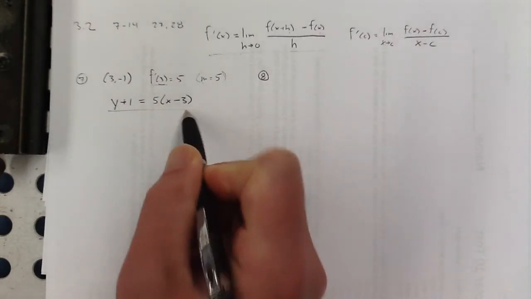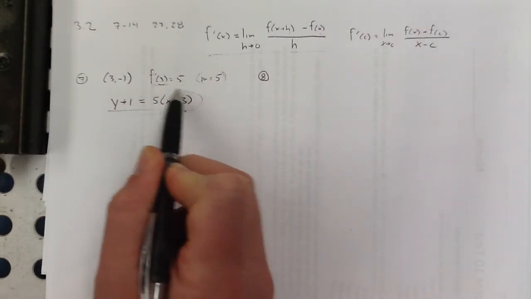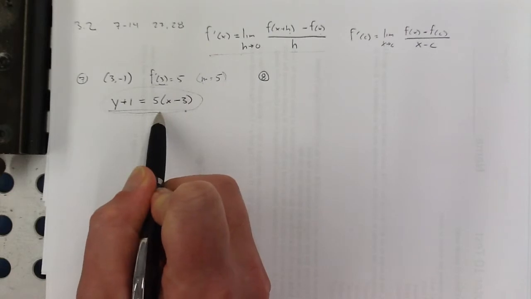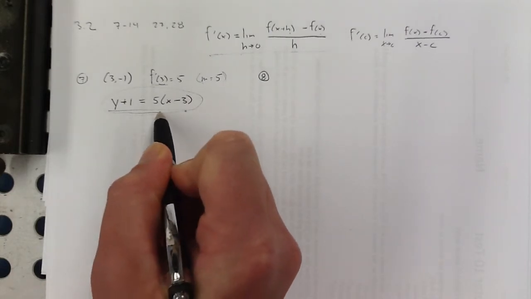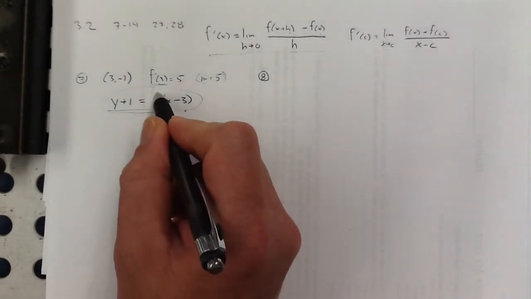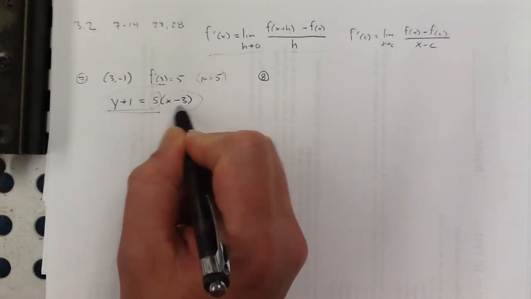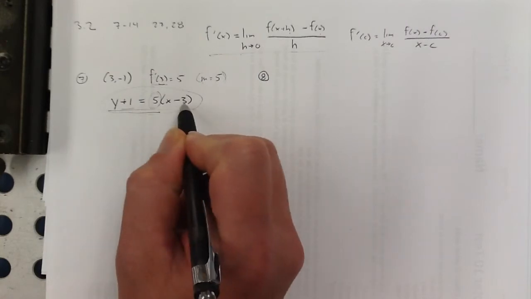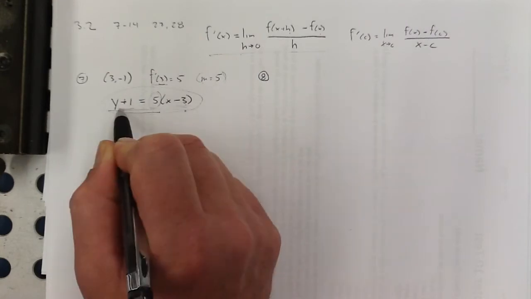It's because in this form here, the information that's coded in this is the information that's important to us. If you're writing the equation for a line that is the tangent line to a curve at a particular point, then the things you want to know are what's the slope and what was the point you were talking about. 3, -1. I can see it right here.